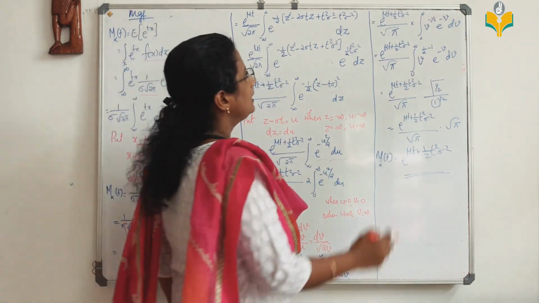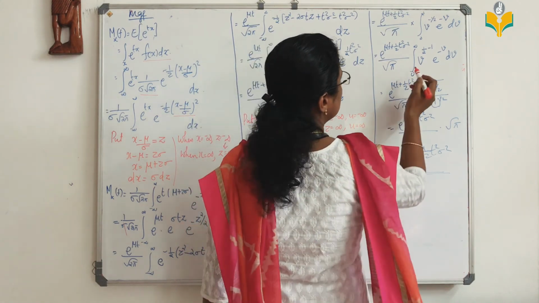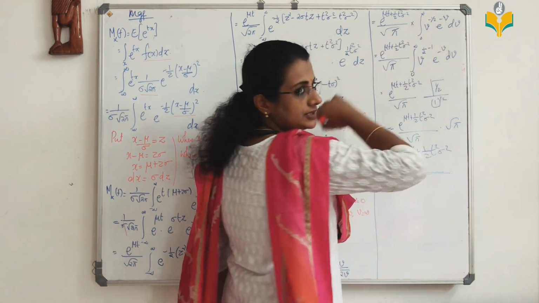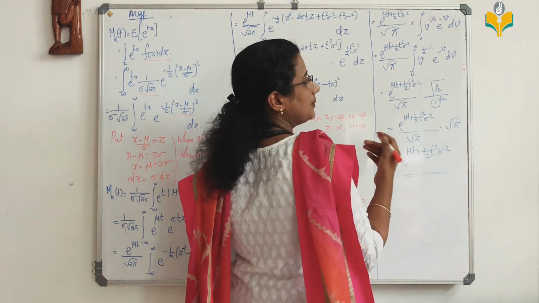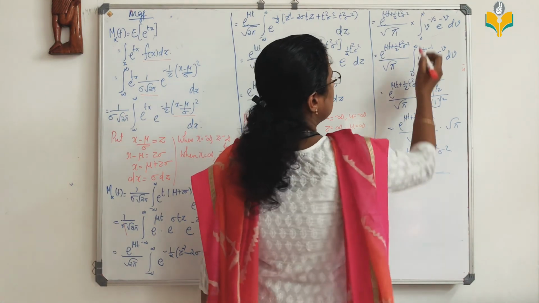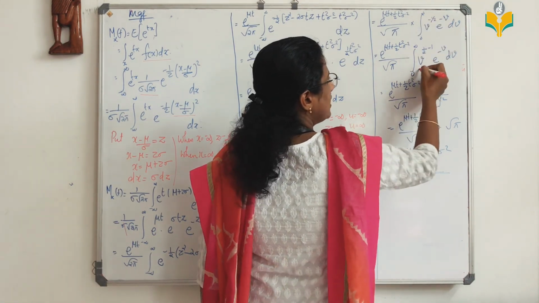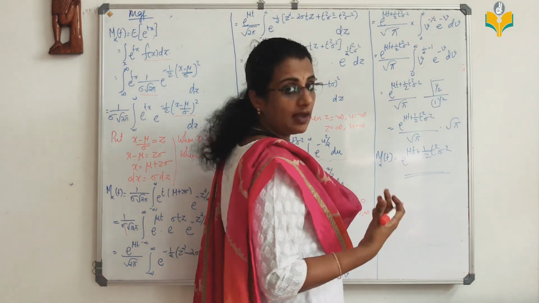Alright. Equal to e raised to mu t plus half t square sigma square divided by root pi into, I want to make this a gamma function. So I will write minus 1 by 2 as 1 by 2 minus 1. What is 1 by 2 minus 1? It is minus 1 by 2. So I will write v raised to minus 1 by 2 as v raised to 1 by 2 minus 1 in order to make a gamma function.